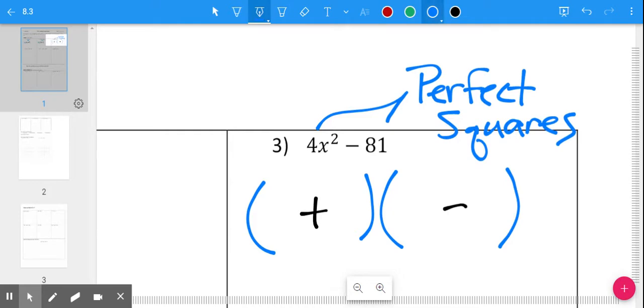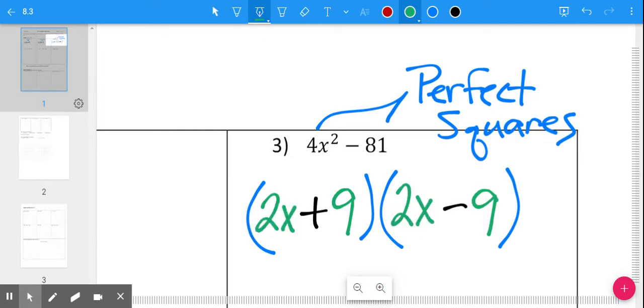And then, because both of them are perfect squares, we can do the square root of 81 is 9. So I know positive 9 times negative 9 is going to equal 81. And the square root of 4 is 2x. Square root of 4x squared is 2x.